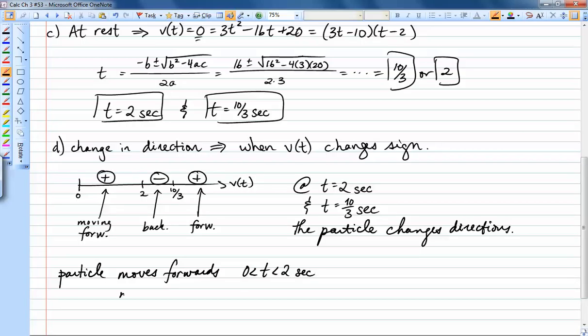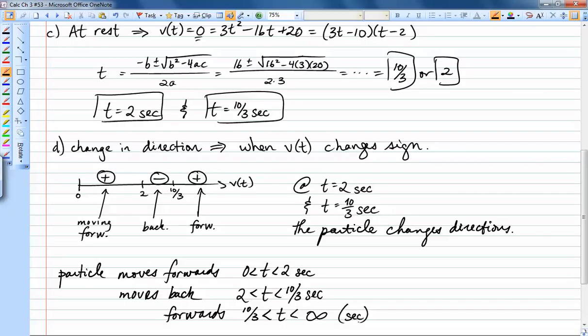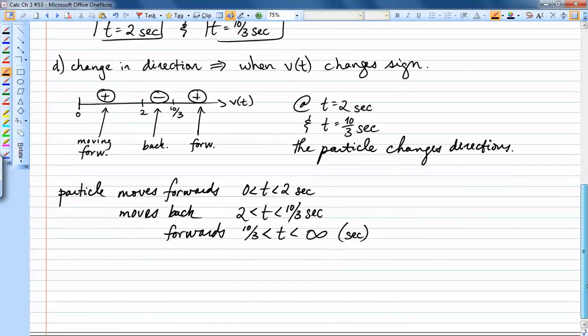It's moving backwards from 2 to 10/3 seconds. And it's moving forwards again from 10/3 seconds up to whenever, infinity in this case, seconds. Okay, hope that helps.